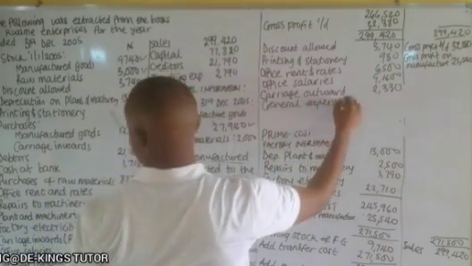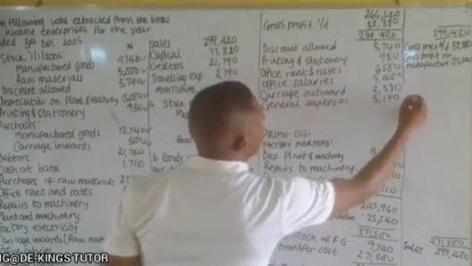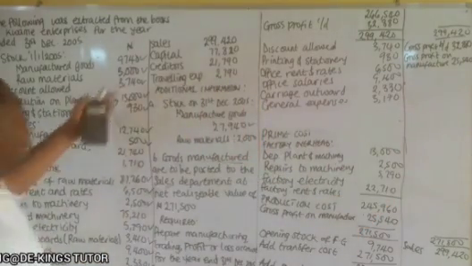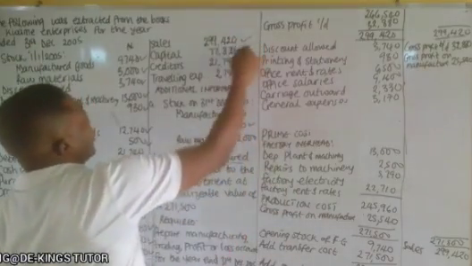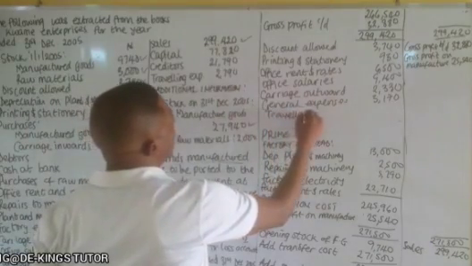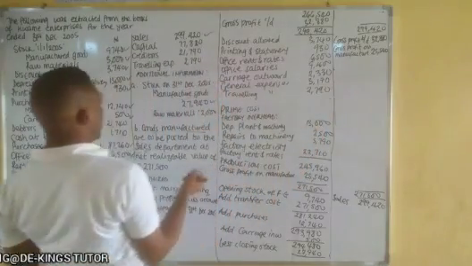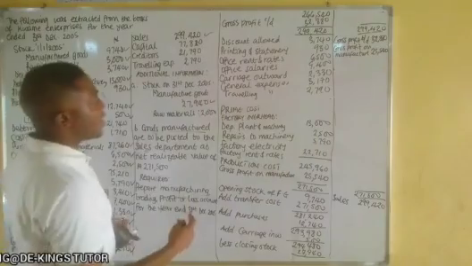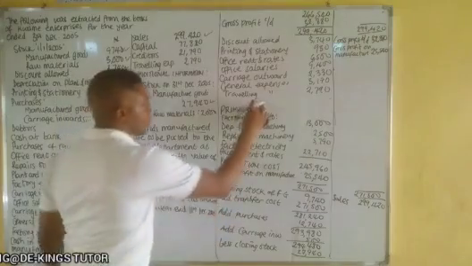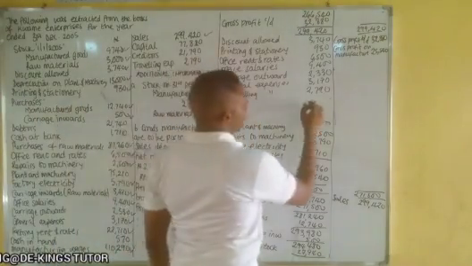Okay, we'll continue. General expenses, 3,170. Okay, we'll continue. Recorded sales. Capital no. Creditor no. Traveling expenses, 2,790. Okay, so that's the only item for that. So we're going to add now, so that we can get our net profit.